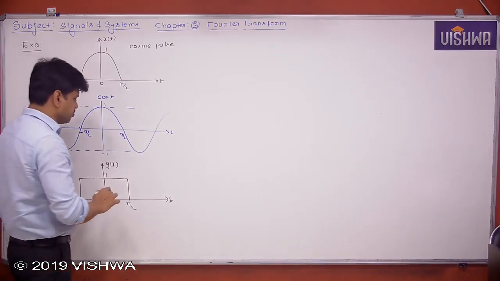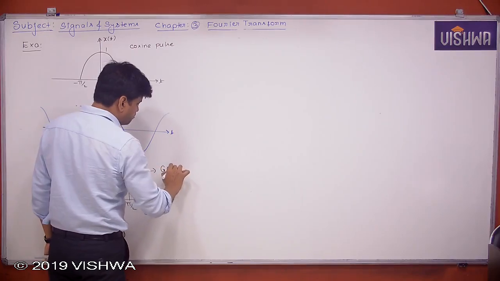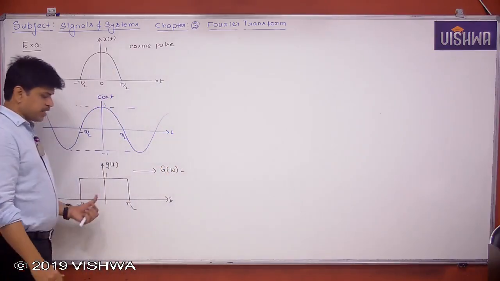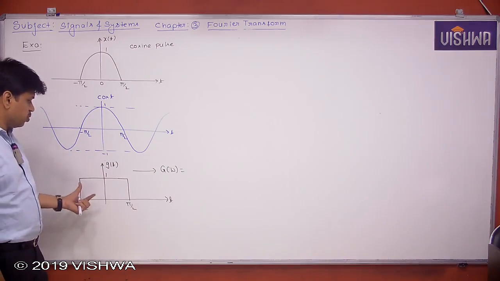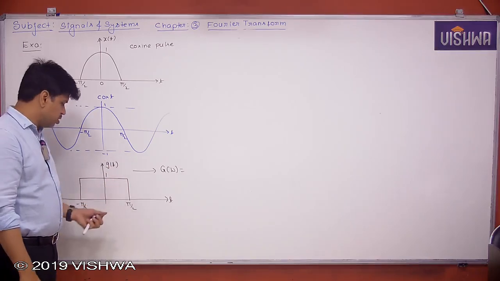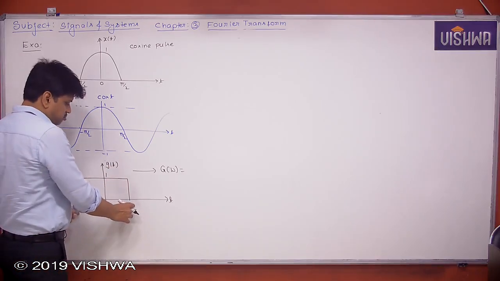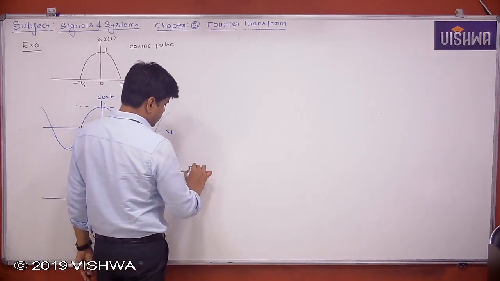So first, for g of t, can you tell me what is g of omega for a symmetrically located rectangular pulse? We know what that is: area times sampling of width by 2 times omega. What is the area? Pi is the width, height is 1, so pi is the area.